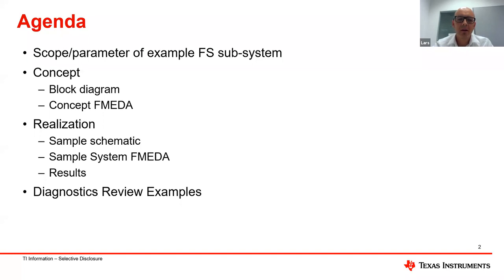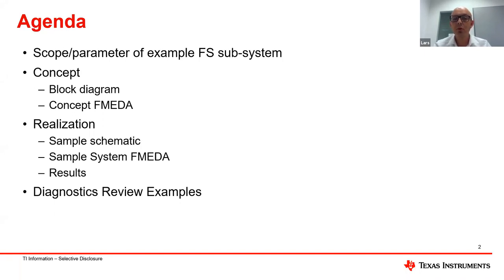And let's see how this works with the agenda first. First we look at the scope of our subsystem. What we actually do is we develop a subsystem and we also show the parameters of that subsystem. Then we go straight to the concept, which is the first important part in the functional safety flow, including the block diagram and the concept FMEDA.